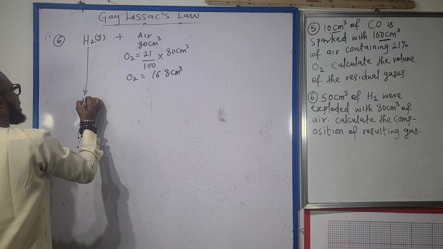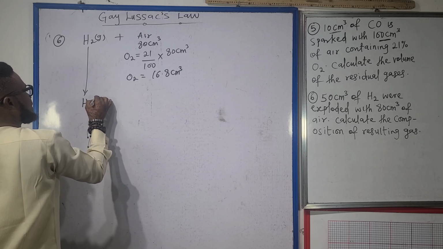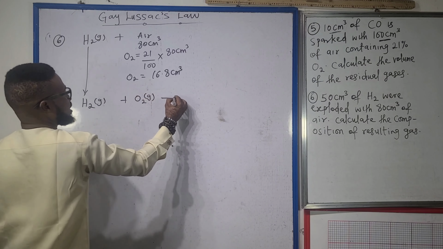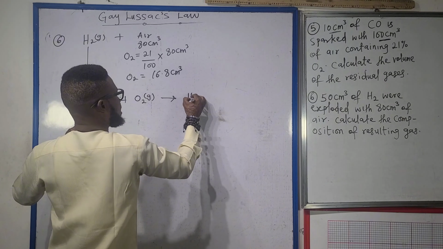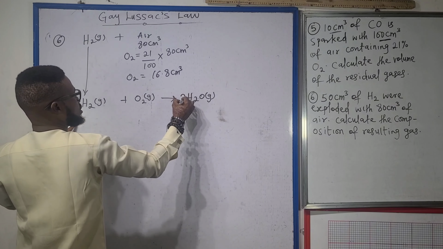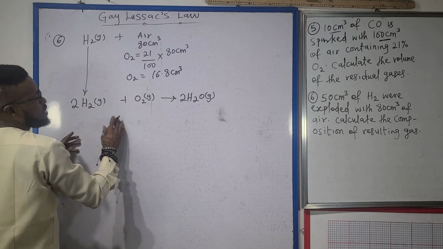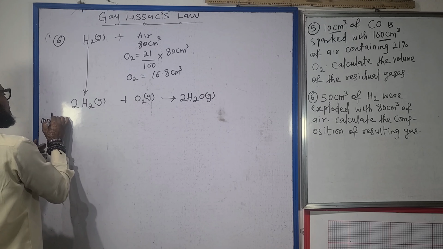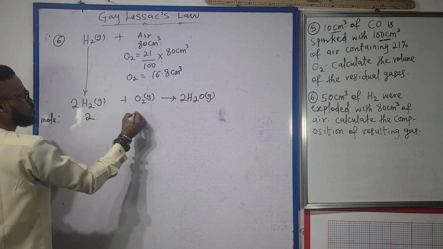We can then bring this down. You're looking at hydrogen gas reacting with oxygen gas. In this case, H2O gas, that's steam, is being formed, and to balance this, the mole ratio here is 2 to 1 to 2.